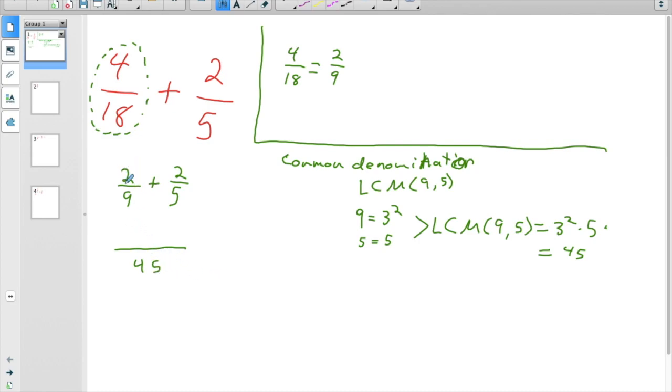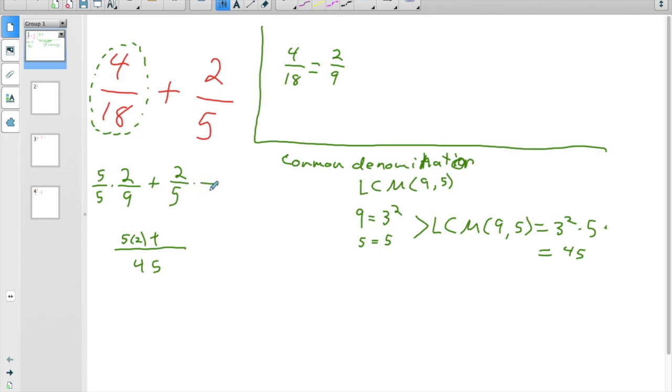Now, I have to figure out, what did I multiply this 9 by to get 45? Well, I know that I multiplied that 9 by a 5. And if I multiplied the denominator by a 5, I need to multiply the numerator by a 5 so that I don't change anything. So we have here 5 times 2. And then over here, what did I multiply the 5 by?